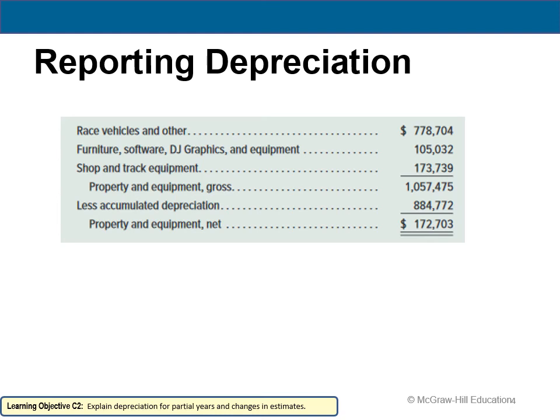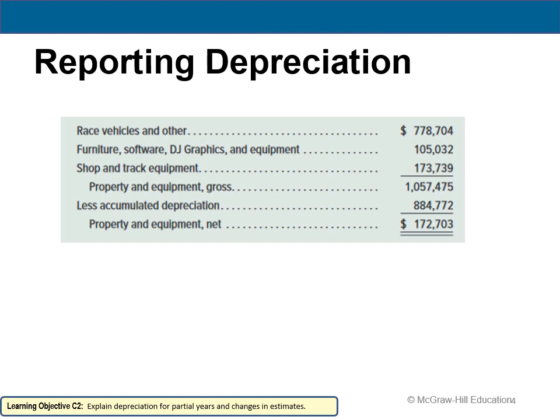Okay, so a few slides back I mentioned that depreciation is reported as an offset or subtraction from the related asset categories on the balance sheet. So here we see a cutout of the balance sheet.